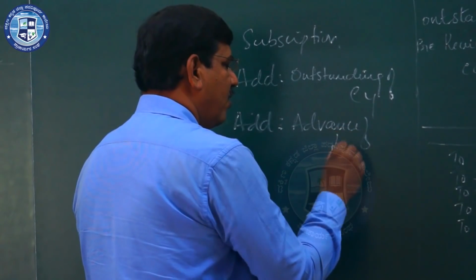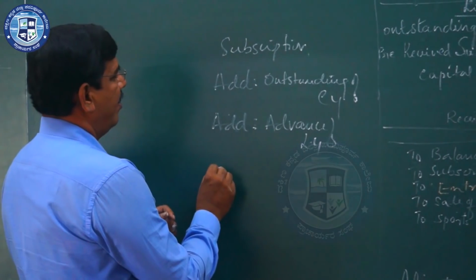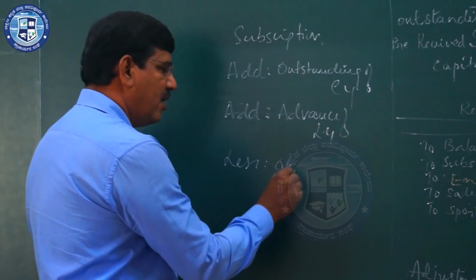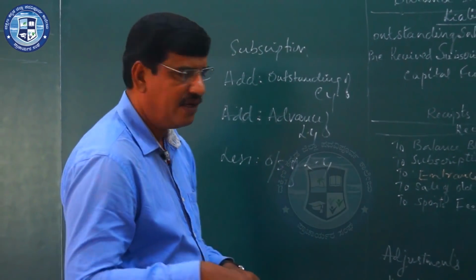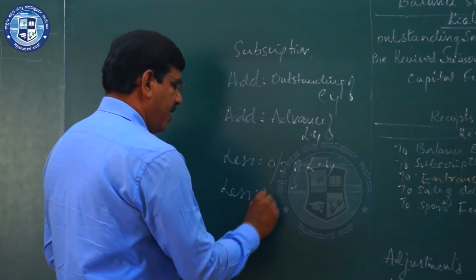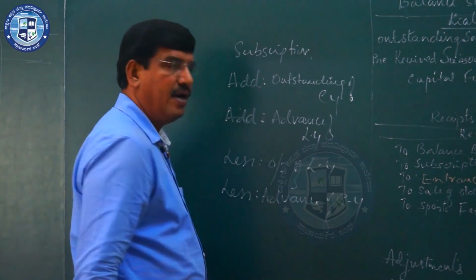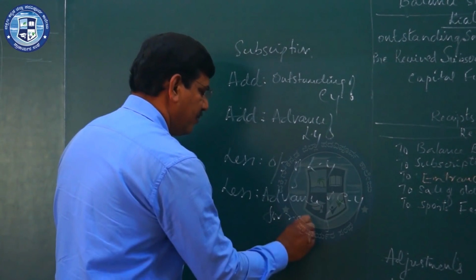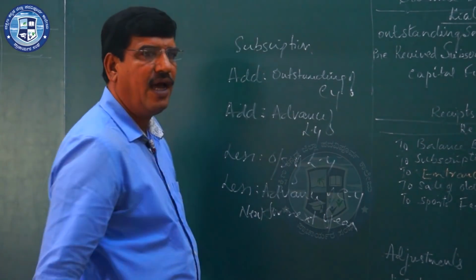Advance of last year should be added. Outstanding of last year does not pertain to the current year, so it should be deducted. Then advance of current year, it is given for next year, has to be deducted.